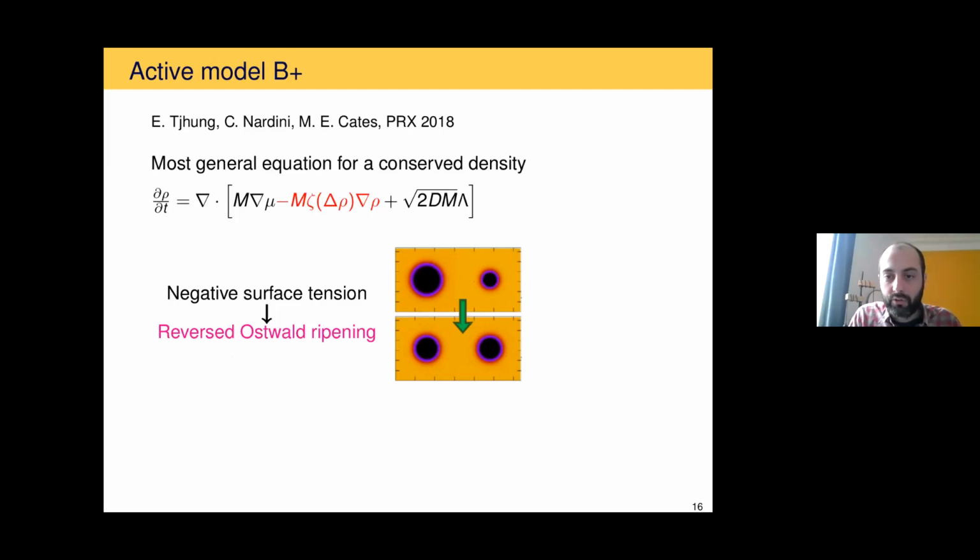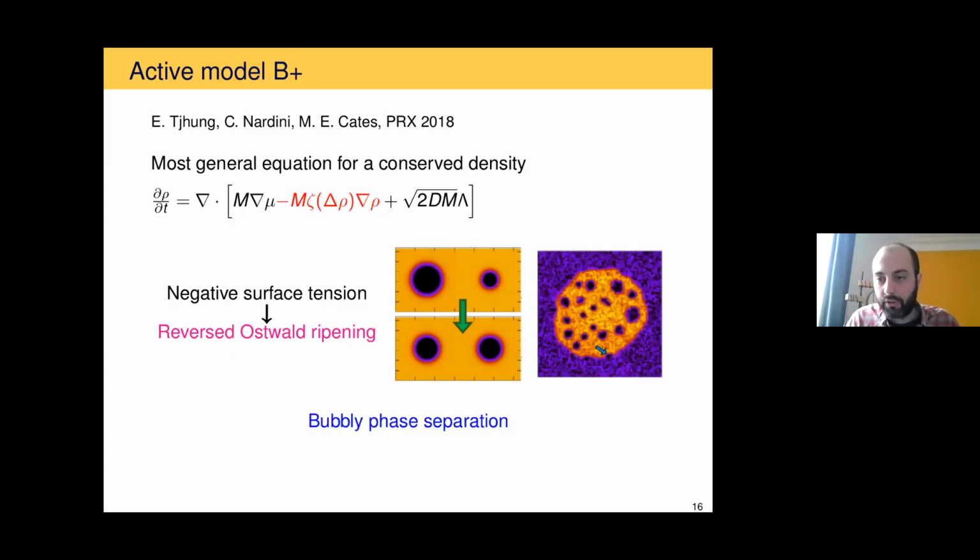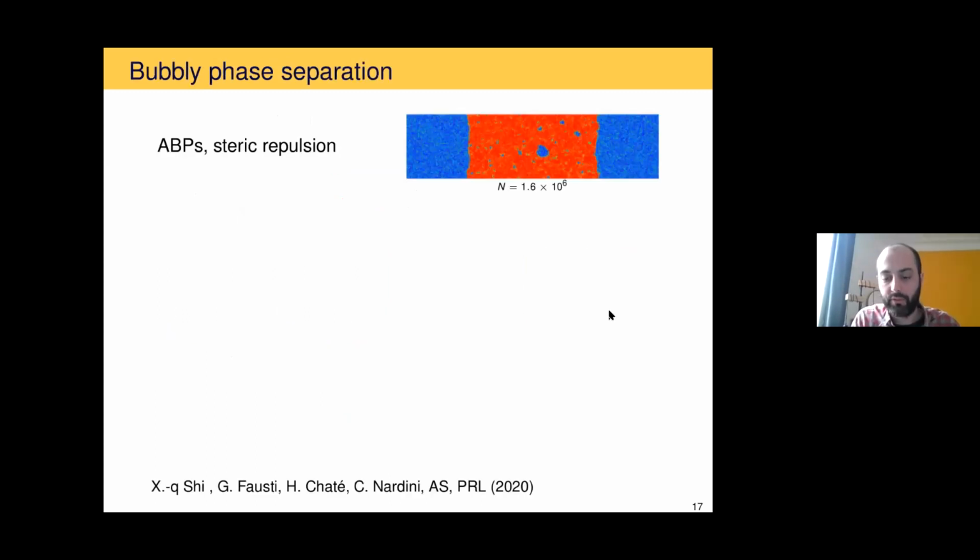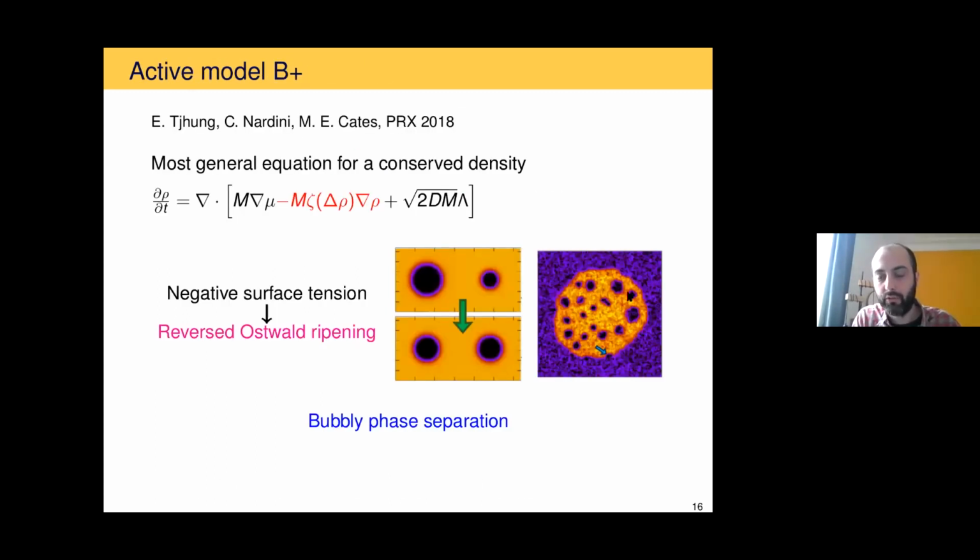And if you look at the simulation of the equation now with noise, what you get is this kind of behavior. You still have a phase separation between a gas and a liquid, but inside the liquid, you have bubbles of gas.